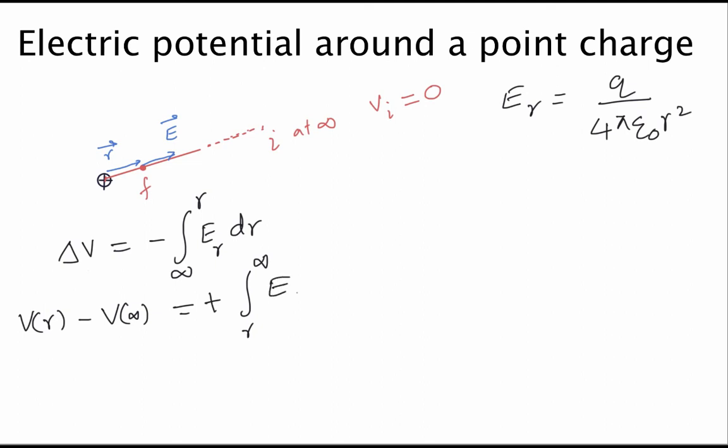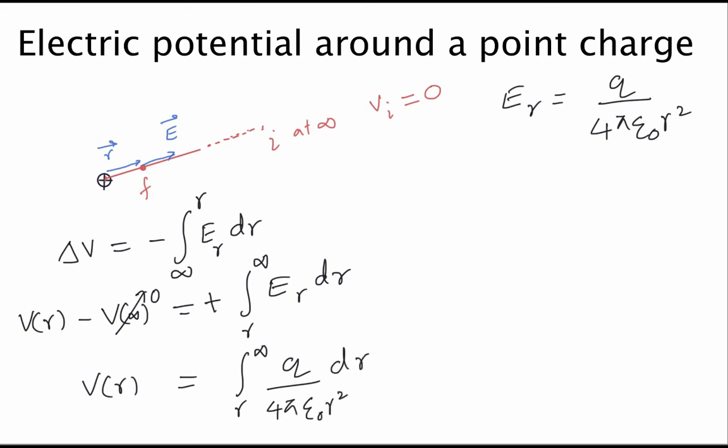Since the potential at infinity is zero by definition, the potential at R distance away from the source charge is the integral from R to infinity of E_R, which is Q divided by 4 pi epsilon naught R squared, times dr.